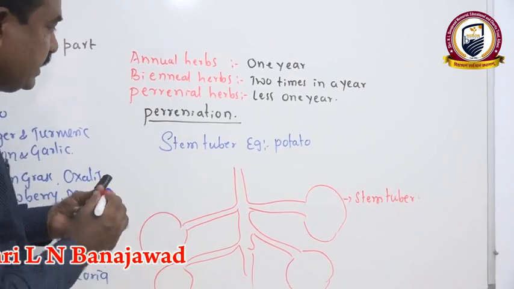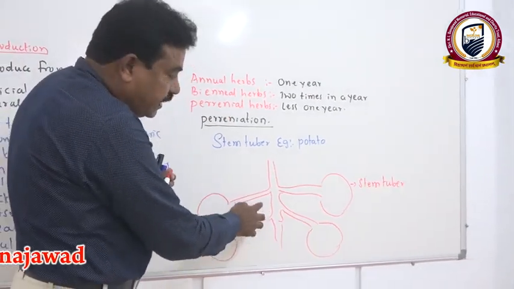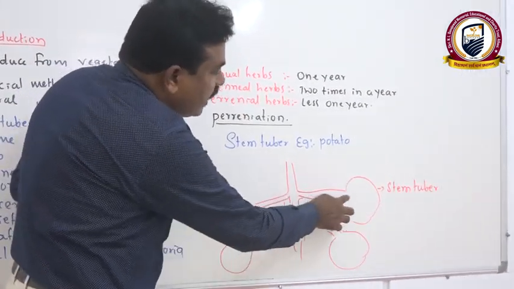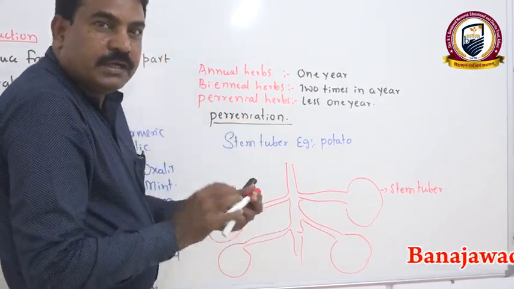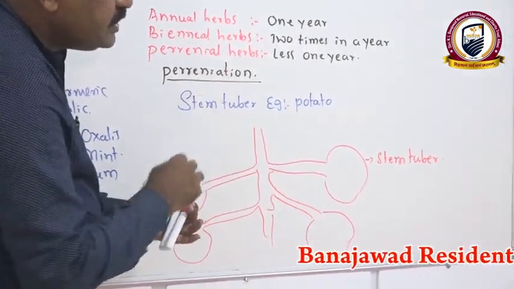See here, it is a taproot system, and these are the lateral roots, the ends of lateral roots showing irregular storage of food and forming stem tuber.